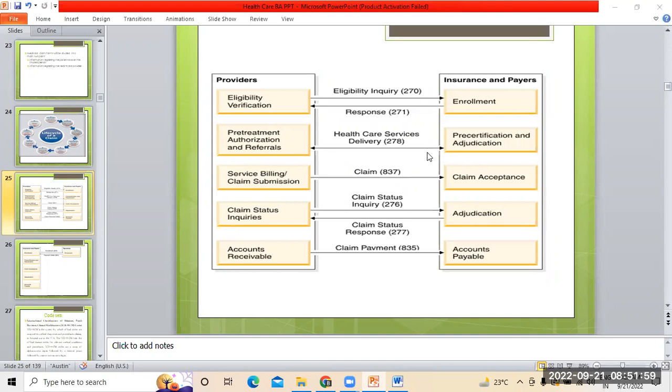HIPAA law is protecting the information, because if any violation takes place, to prevent that violation, it specifies what steps are to be taken by insurance organizations or healthcare providers. To determine that, there is a law which was imposed called HIPAA, right?